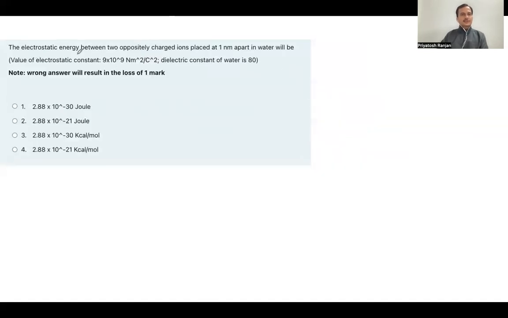Simple question: the electrostatic energy between two oppositely charged ions placed 1 nanometer apart in water will be, the values are given, what is the value going to be? It's a negative marking, so you need to be a bit careful, but it's a simple thing. Two point charges.